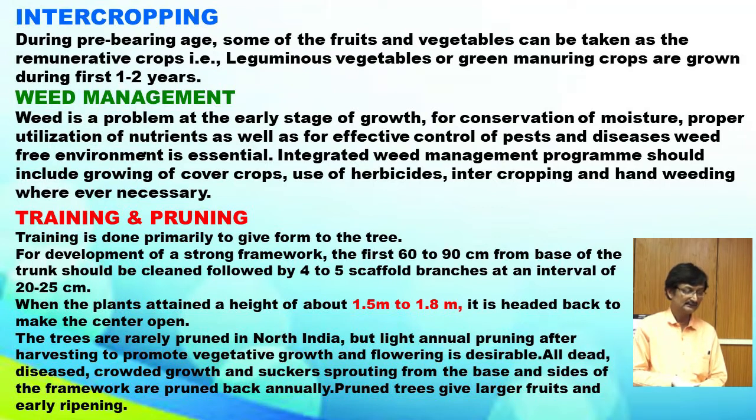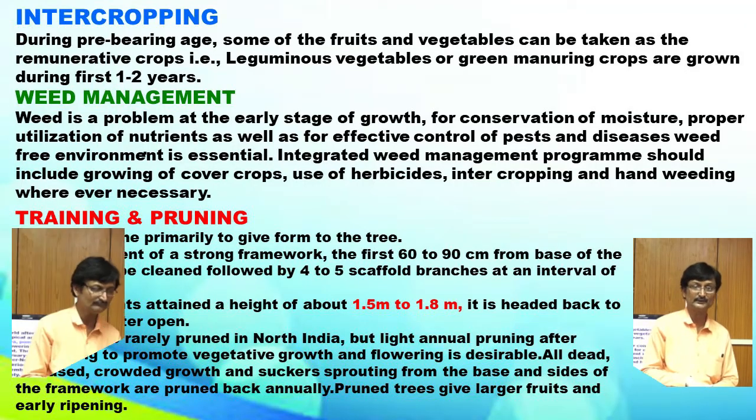All dead, diseased, crowded, overgrowth, suckers sprouting from the base and side of the framework are pruned annually. Pruning of trees gives larger fruit with early ripening.